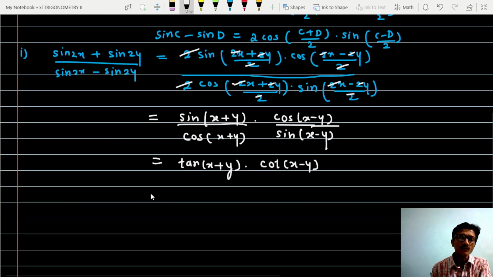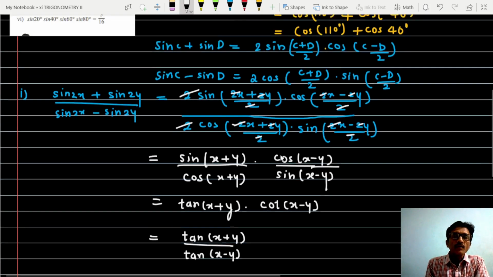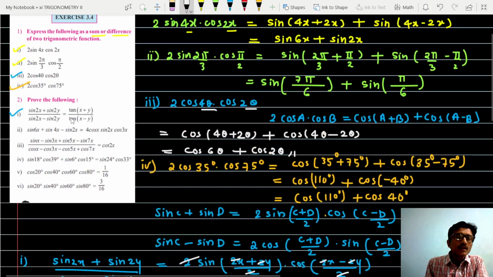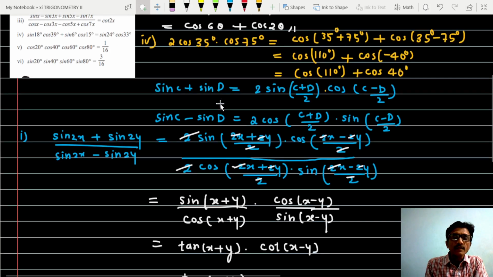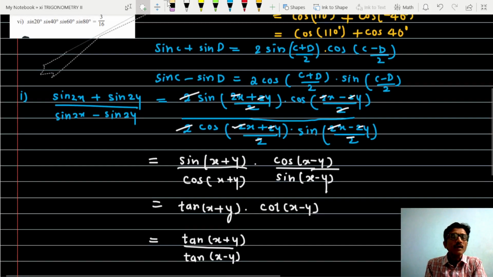So this will be equal to tan of x plus y upon tan of x minus y. So cot is 1 upon tan, in the denominator. So what we want to show here, tan of x plus y upon tan of x minus y. So the right hand side is this, tan of x plus y upon tan of x minus y.